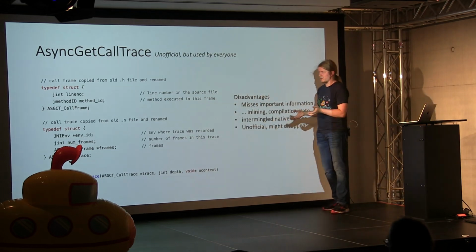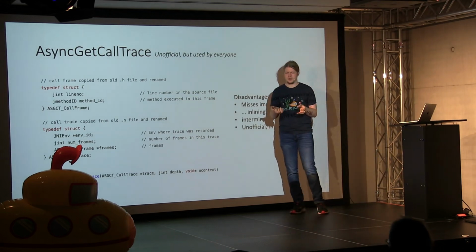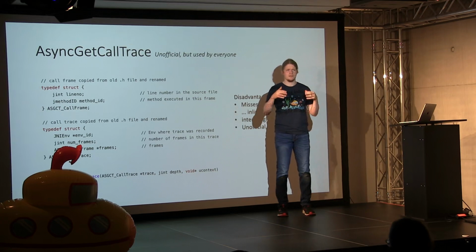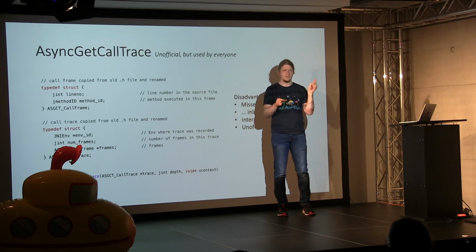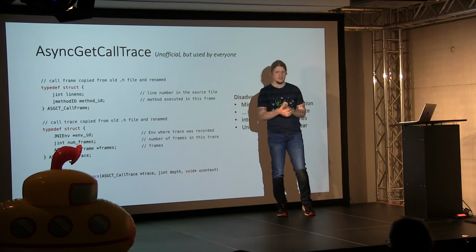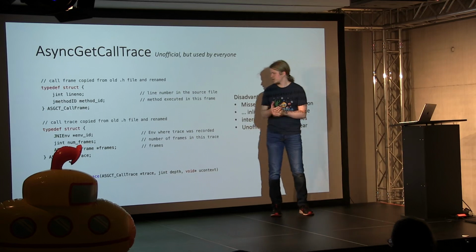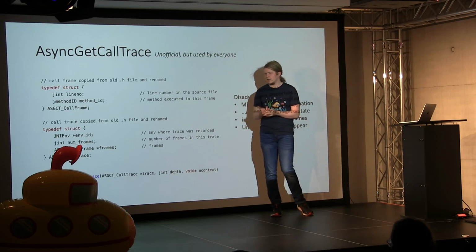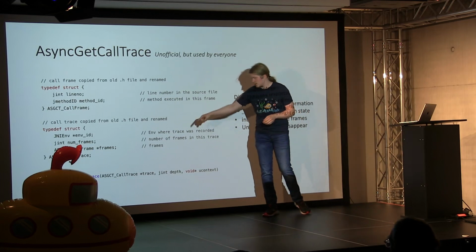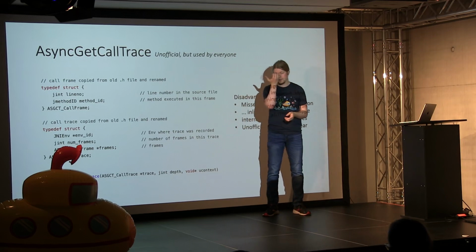But it works. So what it does, you call it in a signal handler. How sampling profiling essentially works is that you register a signal handler for every thread and say, okay, if I send you a signal like SIGPROF, please get into this handler. Then you pass AsyncGetCallTrace a pre-allocated trace, because in a signal handler you cannot allocate something on the heap.